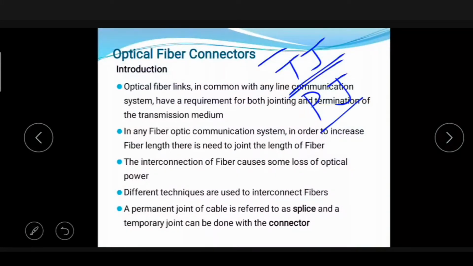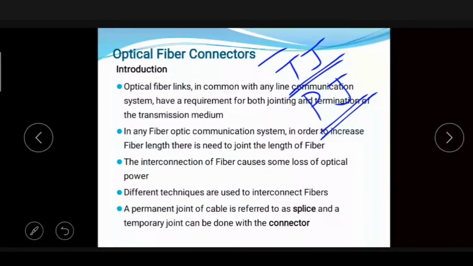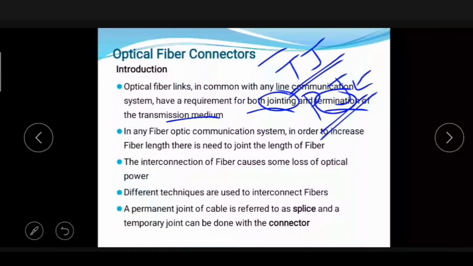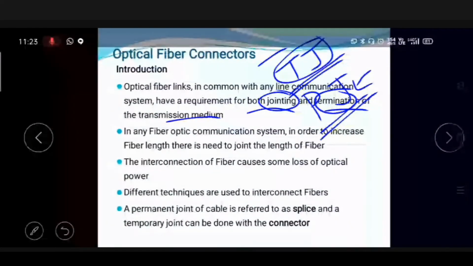Whereas a permanent joint is where fibers are joined permanently, so it is not removed. Once it is joined, it cannot be removed. Optical fiber links, in common with any line communication system, have a requirement for both jointing and termination of the transmission medium. Termination is nothing but joining the fiber and removal of the joints. So that is temporary or permanent joints.